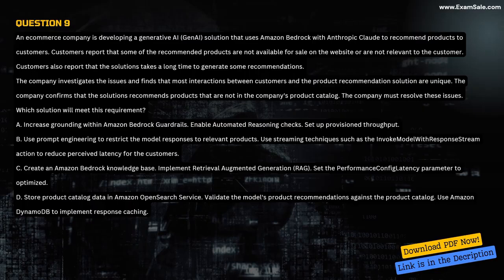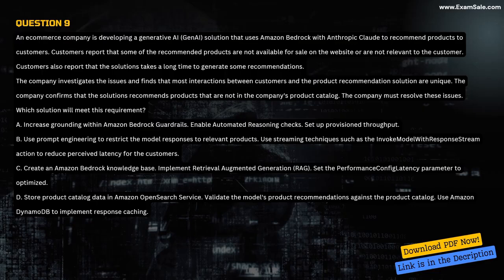The company investigates the issues and finds that most interactions between customers and the product recommendation solution are unique. The company confirms that the solution recommends products that are not in the company's product catalog. The company must resolve these issues. Which solution will meet this requirement?